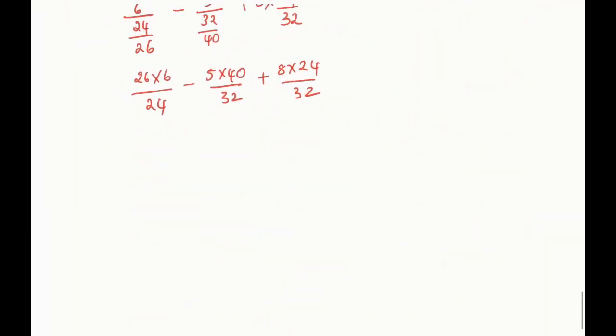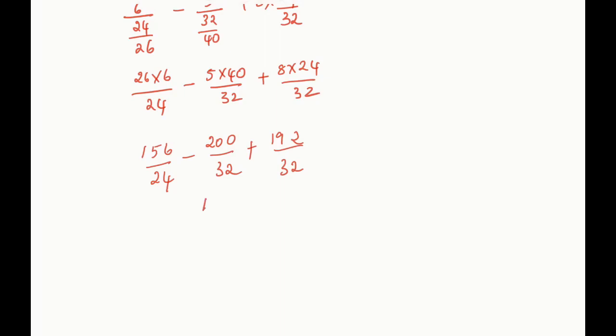So 26 into 6: 6 6s are 36, 3 balance, 6 2s are 12. So you get 156 by 24 minus 200 by 32 plus, it's 32, 2 balance, 3 balance, it's 192 by 32.